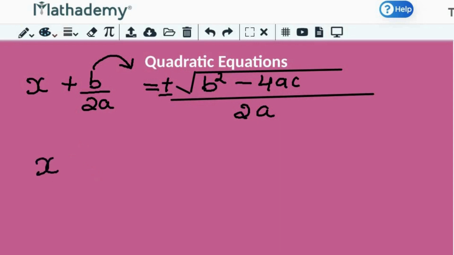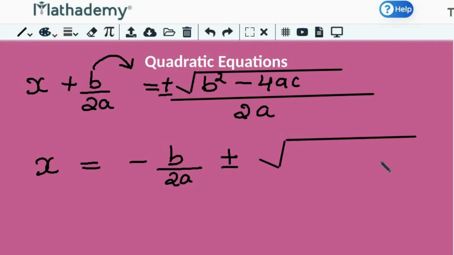So this becomes x is equal to minus b by 2a plus minus root of b square minus 4ac, this whole upon 2a.